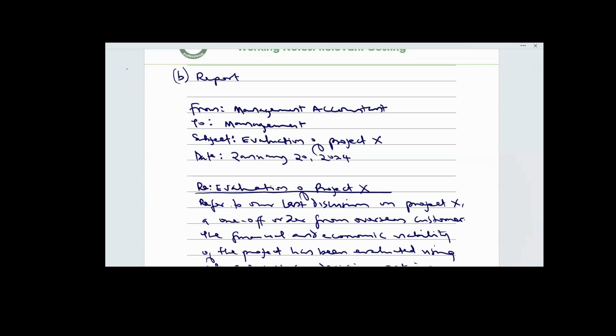Report writing can come in any form. It can come under financial reporting, corporate strategy, management and ethics, or public sector accounting and finance. What is important is that you must know how to write a report, whether it is an internal or external report, a letter or an internal memo. You must know the content of each of them.